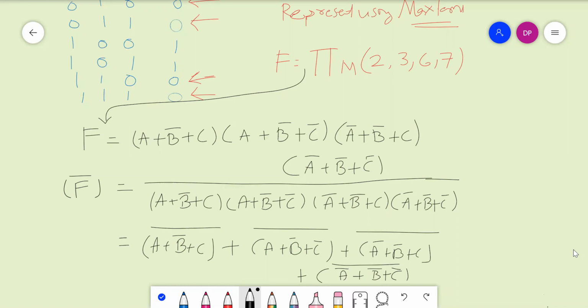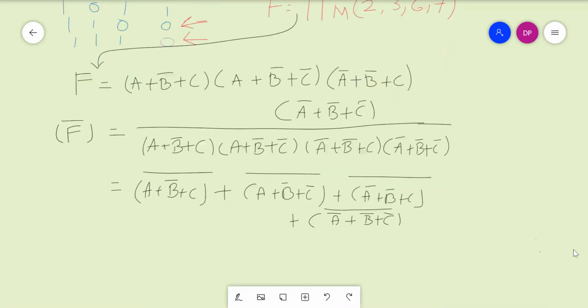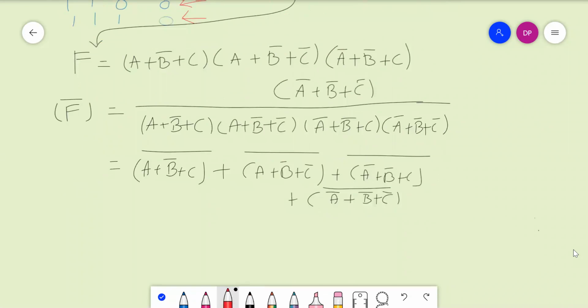C bar complement. Next, what will we get? Again, we'll write this as A plus B bar plus C, whole complement, into A complement. What will we get? A bar, A bar whole complement, B bar whole complement. So here you will get A plus B bar.